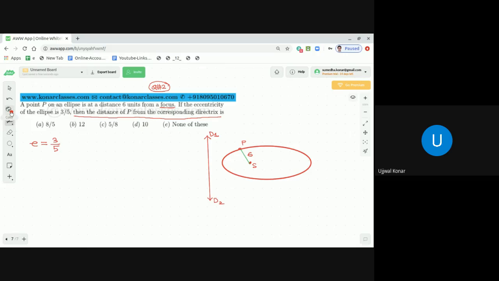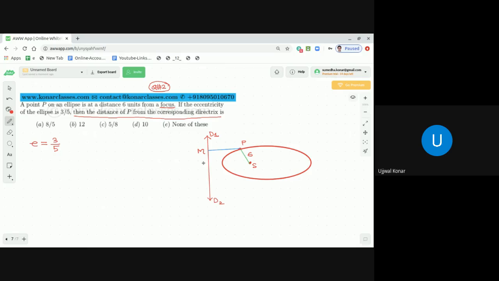So if I draw that line in blue color, suppose we draw this perpendicular, let me draw it very properly, dear students, and let M be the foot of the perpendicular. Then what we need to find is the value of PM.